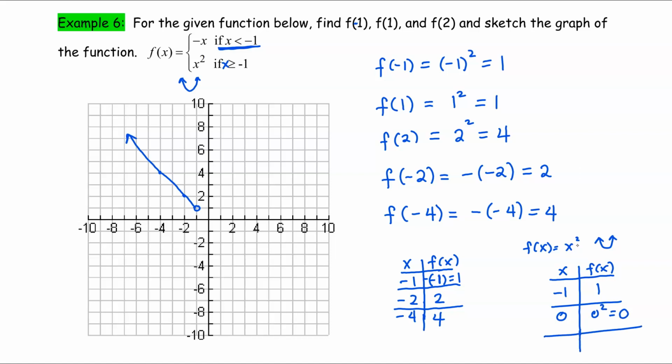And then another point, we've seen that if x is equal to 2, this is equal to 4. Then you connect. So again, this is now defined. Okay, so this is how the graph of this piecewise function would look like.